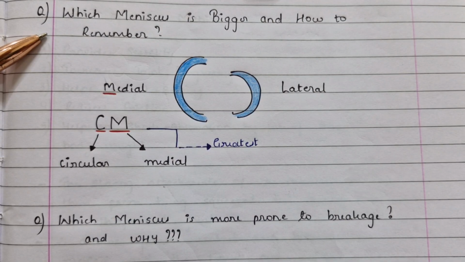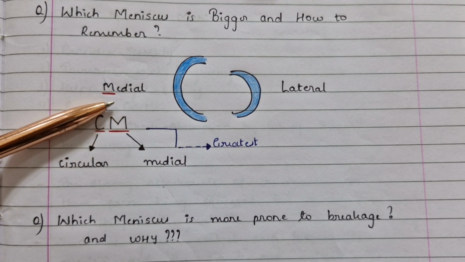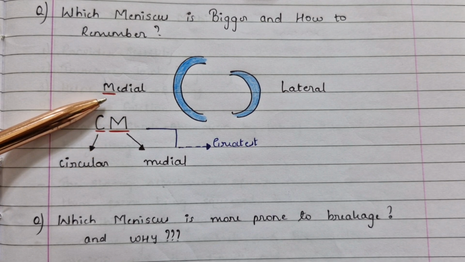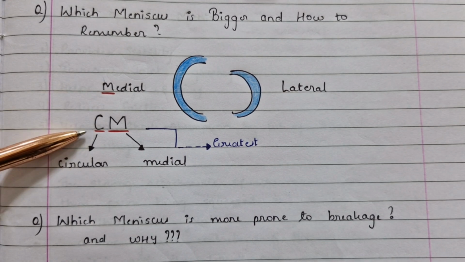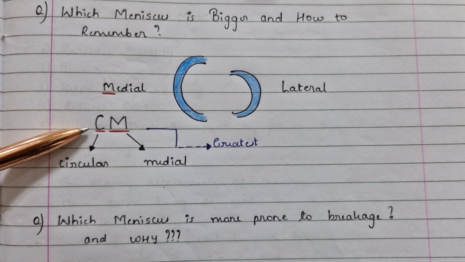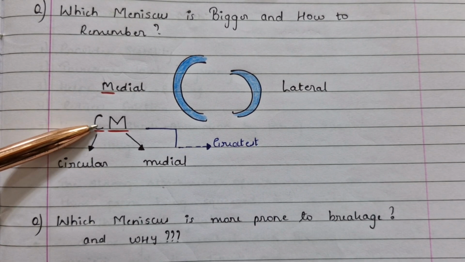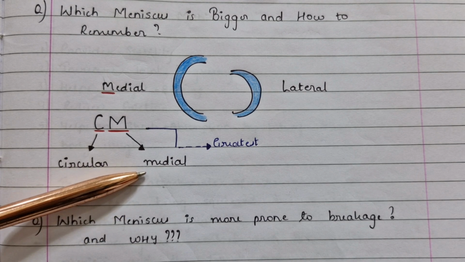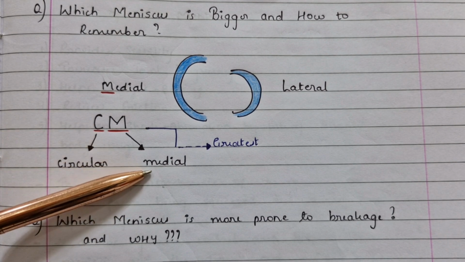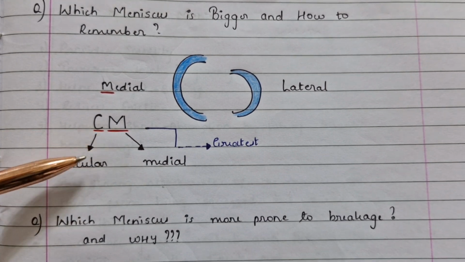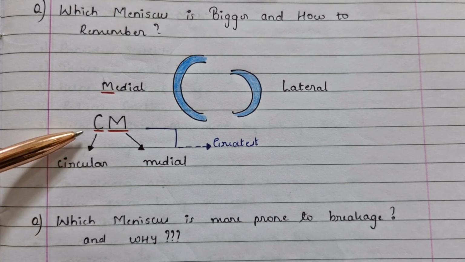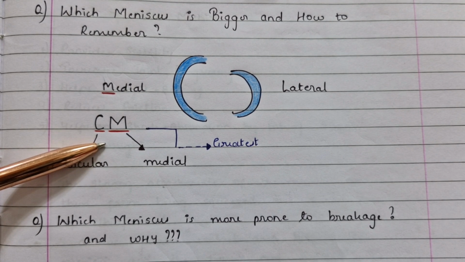Which meniscus is bigger and how to remember? The medial meniscus is bigger as compared to the lateral meniscus. You can remember the term CM. So C stands for circular and M stands for medial. So remember that the medial meniscus is circular in shape and CM as in chief minister.